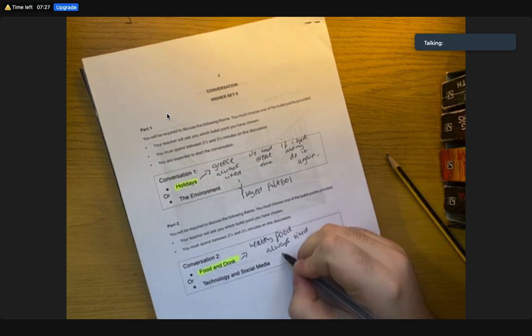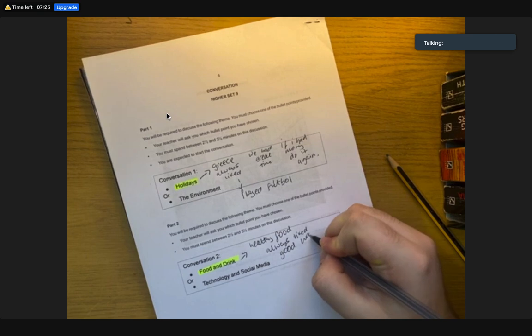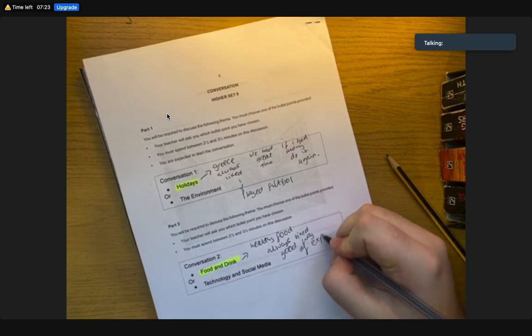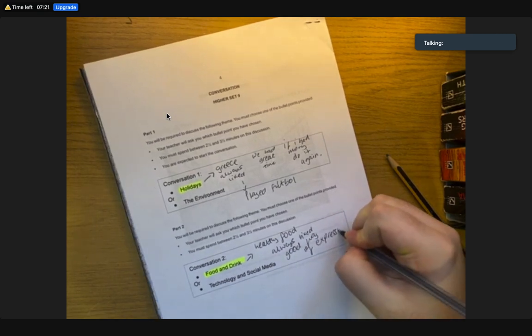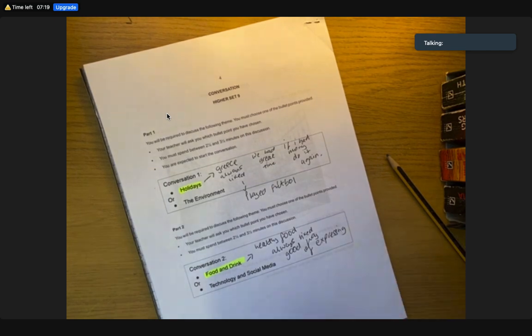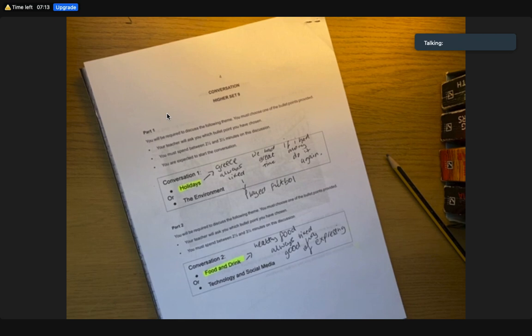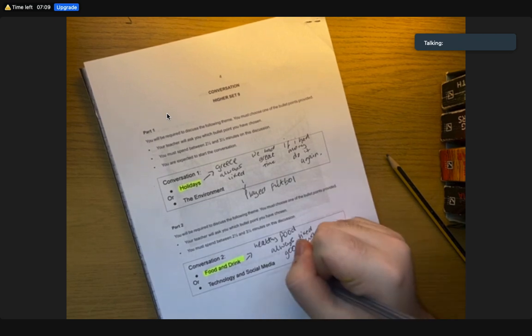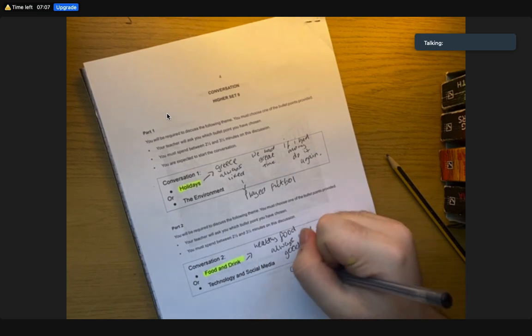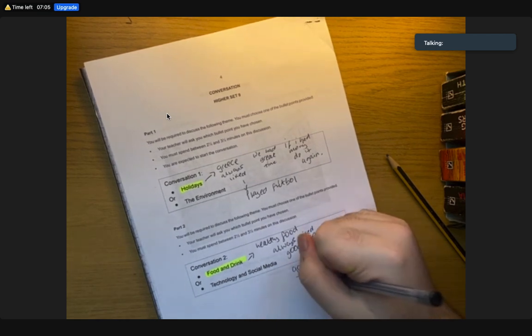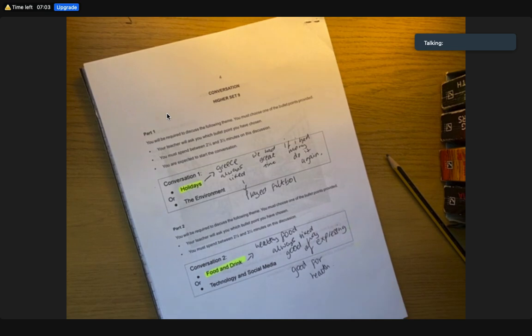It's a good way of expressing yourself. I can also say, I don't know, what else can I say? I can say that it offers the opportunity to be good for your health, because it is good for your health. And then I can start forming it.